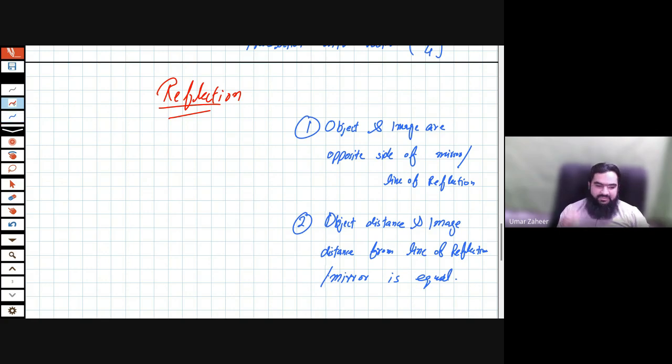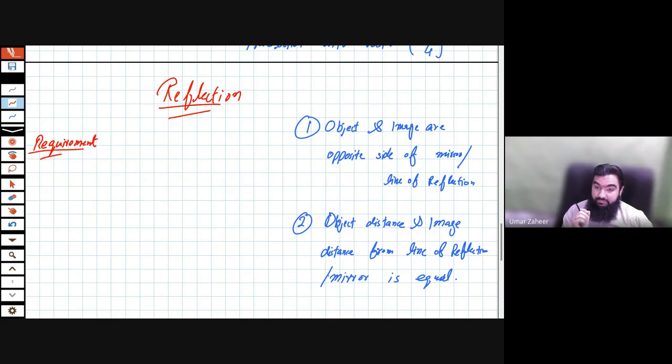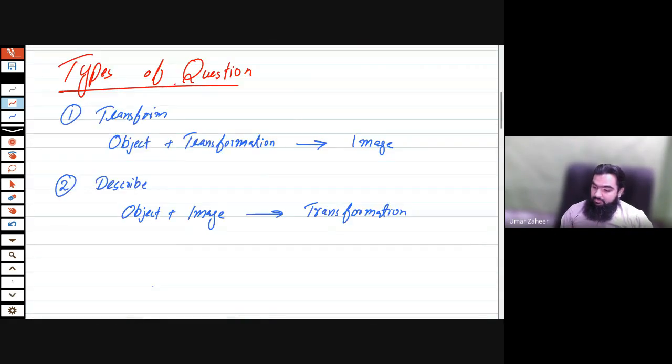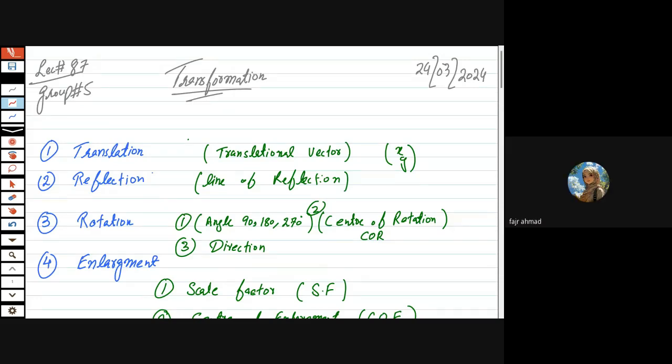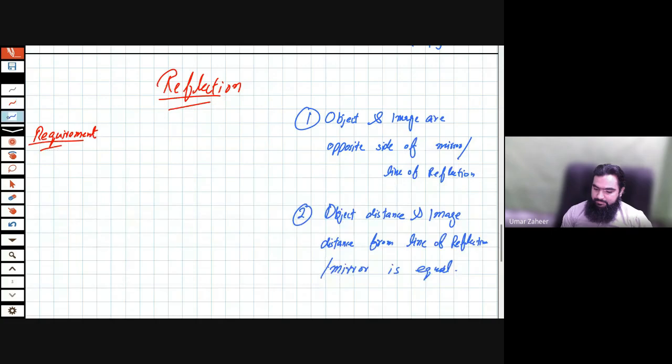Yes. So what is the main requirement for reflection? Angle 90, 180 or 270? No, reflection needs the line of reflection.